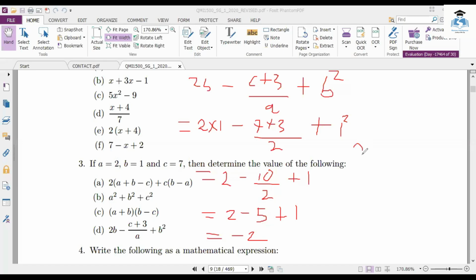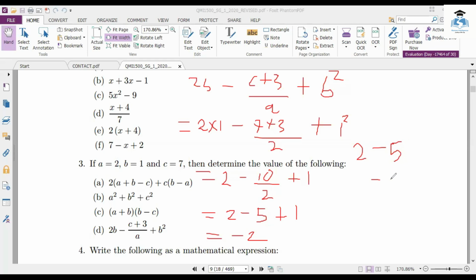When you are dealing with addition and subtraction, especially when the signs are different, this one is plus, but we don't write the positive. So when you have a scenario like this, you take the sign of the bigger number. If you look at 2 and 5, which one is bigger? That's 5.